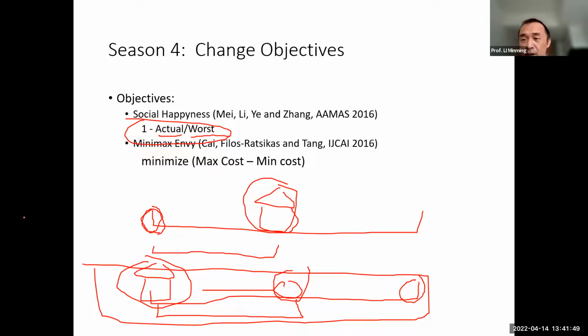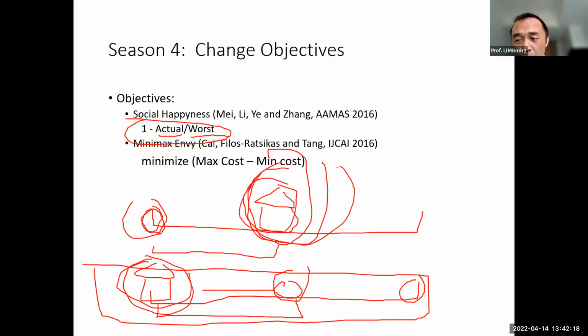Okay, the second one is called envy. Well, all these are about fairness, okay? Now, why it's relevant, I'll give you one story about why the middle guy would think the solution here is not good at all. Very likely, the house in the middle will be more expensive than the house on the boundary, because the middle house is more convenient everywhere, right?